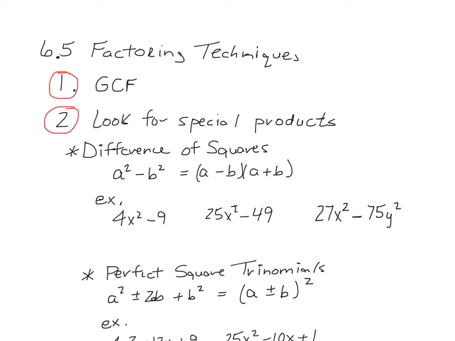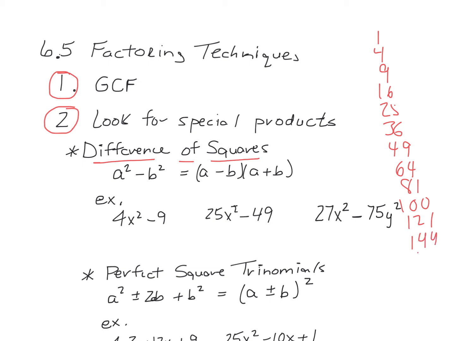Now, a couple of these we have discussed already. For example, difference of squares. Remembering that our squares are 1, 4, 9, 16, 25, 36, 49, 64, 81, 100, 121, 144, 169, 196, 225, the first 15 perfect squares.